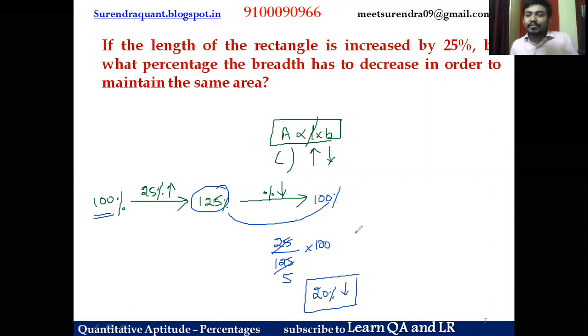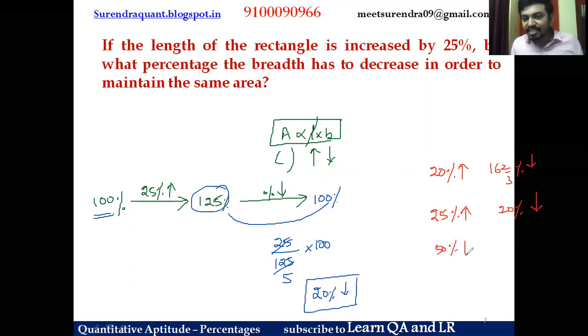Now friends, there are some combinations of percentage changes which will give no change. Let's say length increases by 20%, if breadth decreases by 16 2/3%, no change in area. If length increases by 25%, breadth decreases by 20% to have no change in area.